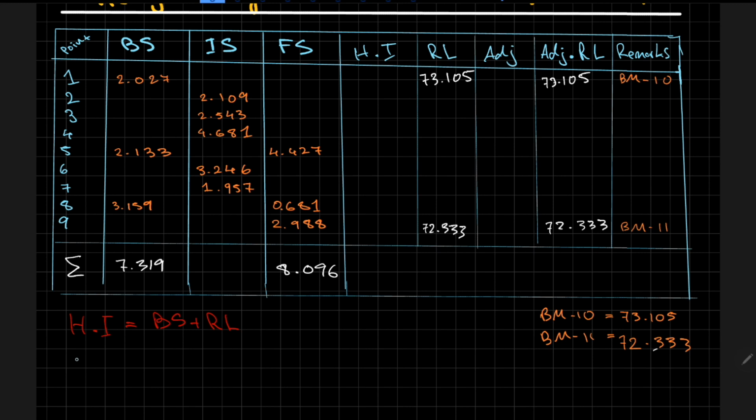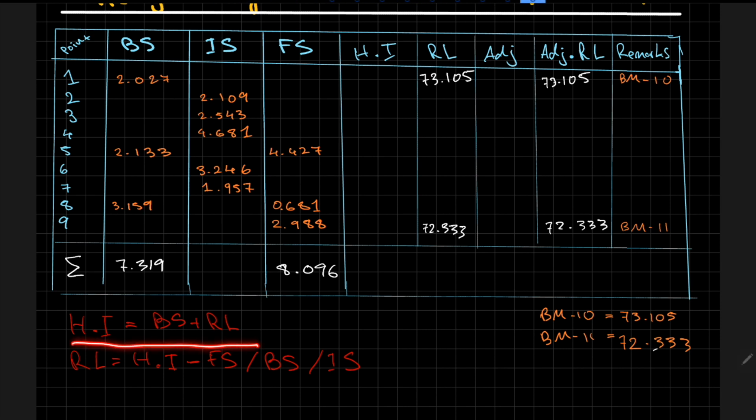Another important rule that we may need in a while is reduced level equals height of instrument minus foreside slash backside slash intermediate side. Okay, now we can have a look at our table.